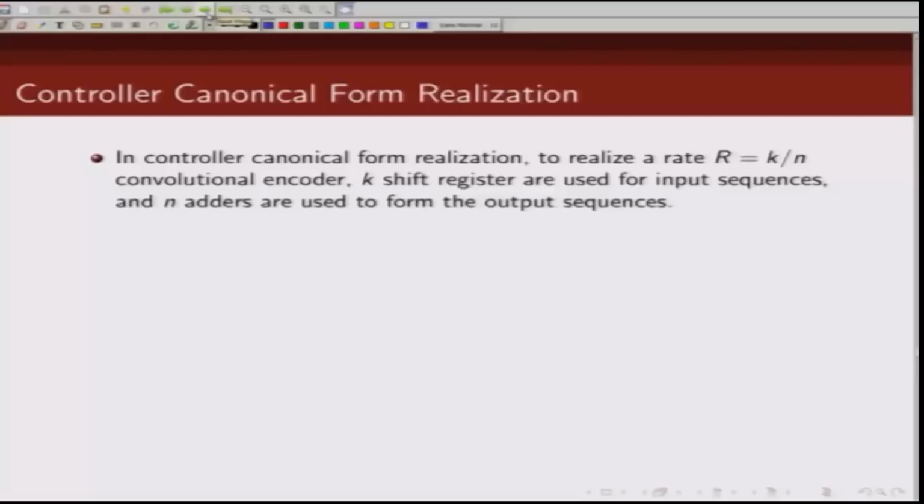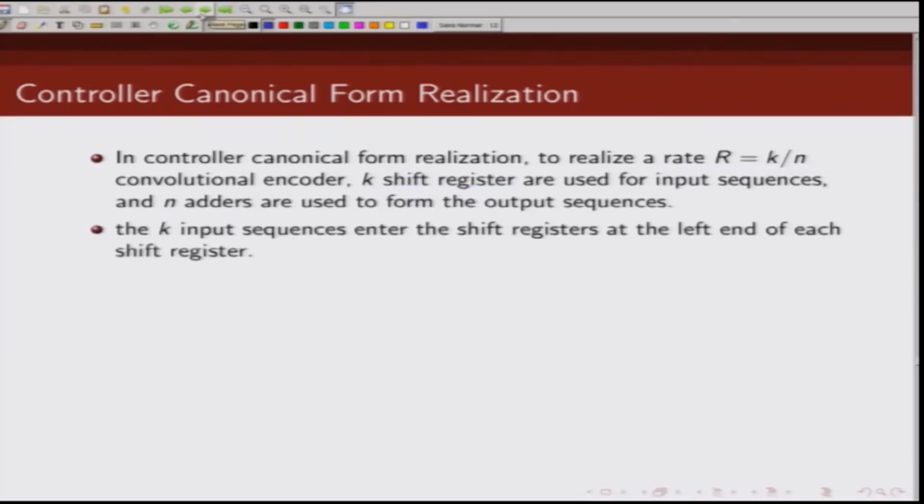In a controller canonical form realization, if you have a rate k/n convolutional encoder, we use k shift registers. So, the number of shift registers used is equal to the number of information sequences that you have, and the output is obtained by using n sets of adders, one for each output sequence.